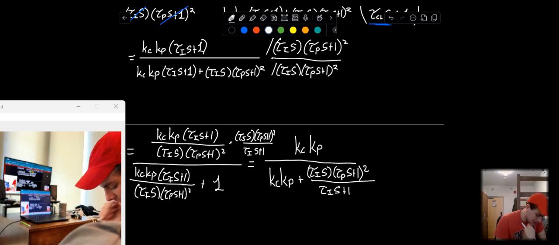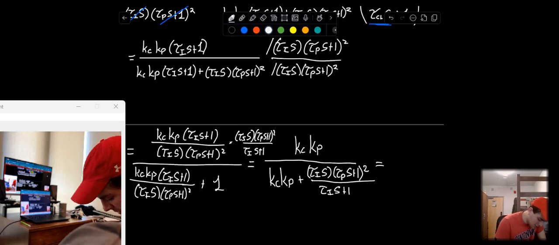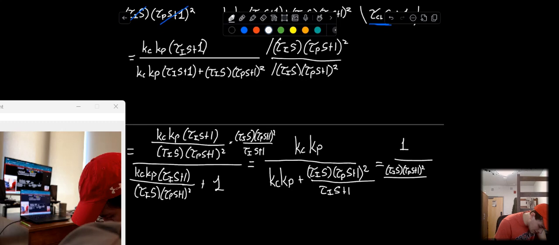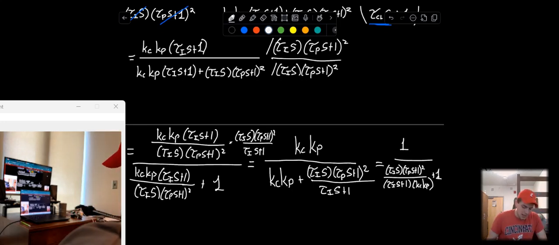So let's divide both sides now by Kc Kp. Both sides, I mean the top and the denominator. So that'll be 1 over (tau_I s (tau_p s plus 1) squared over tau_I s plus 1) times (Kc Kp plus 1). Now we've done it. We've gotten ourselves a standard form.